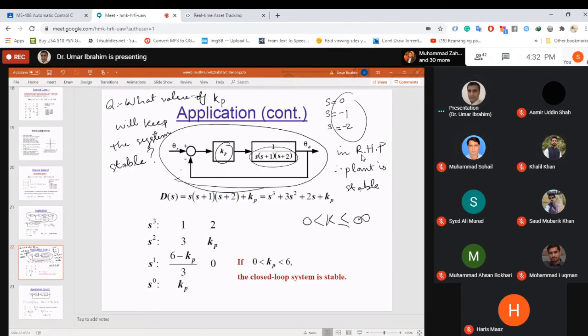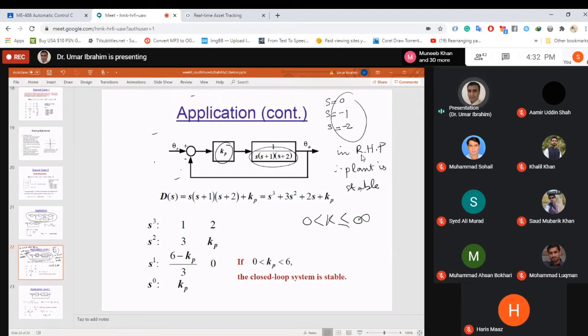Clear, sir. Okay. Now step number one for this type of Routh stability problem, you will do basically 3 steps, and these are not some textbook steps. This is for explanation purpose.